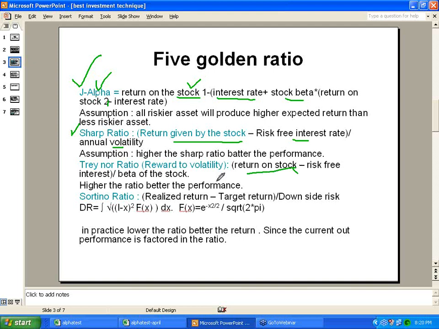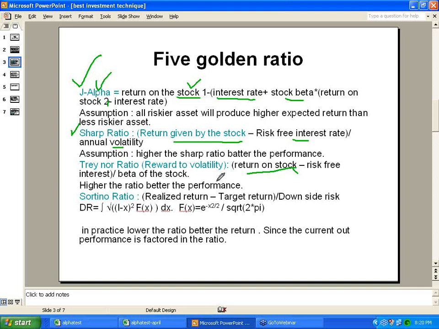As per their theoretical perception, for these 3 ratios, the higher the ratio, the better the return. But when we apply it in the practical context, we often observe that the lower the ratio, the better the return. The stock having the lower ratio tends to produce better return.